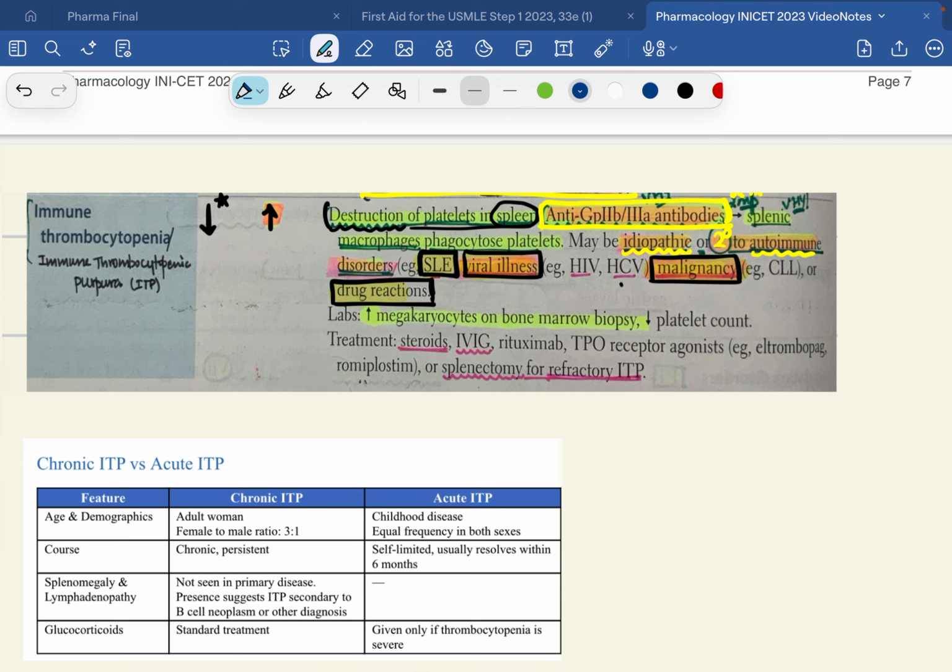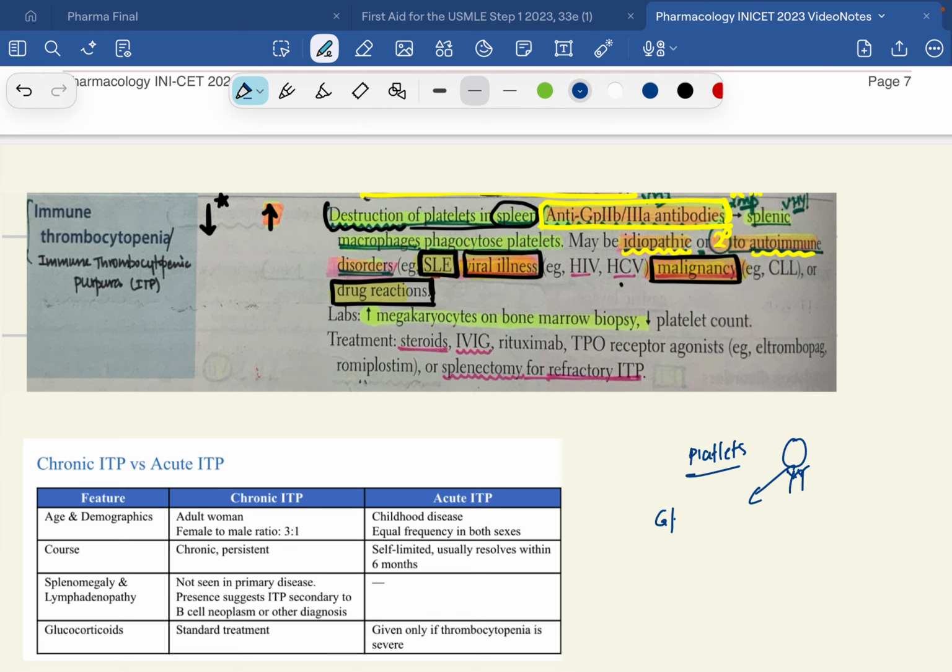Now the thing about ITP is that there are these platelets. In immune thrombocytopenia, what does immune thrombocytopenia mean? That there are some antibodies against our own platelets. So against what is the antibody formed?